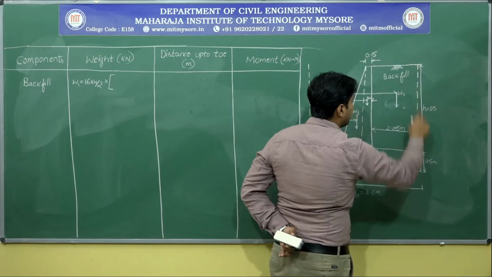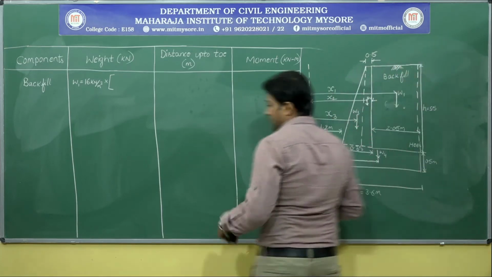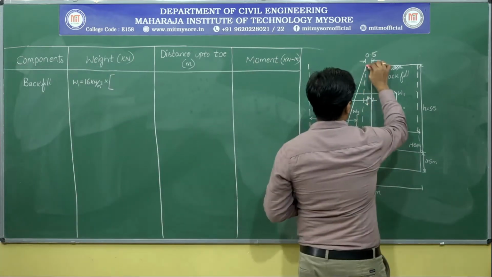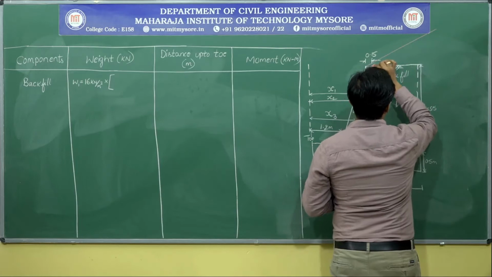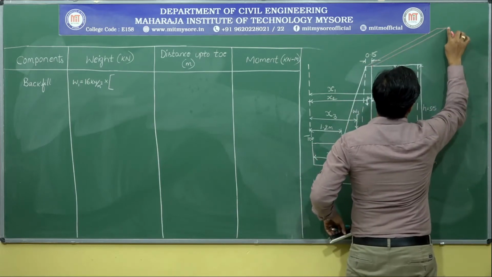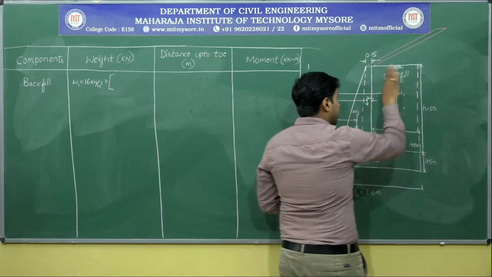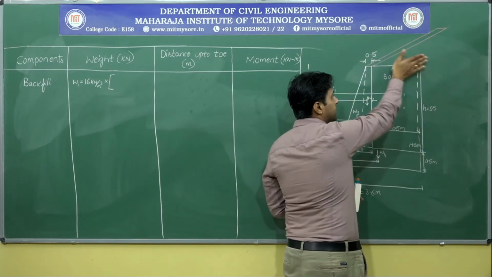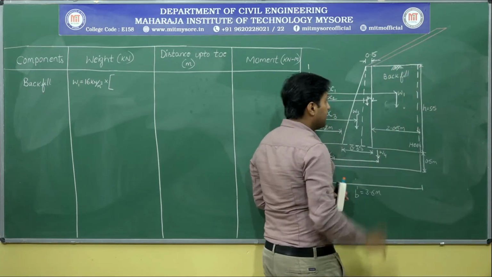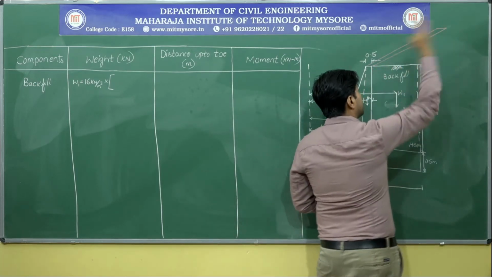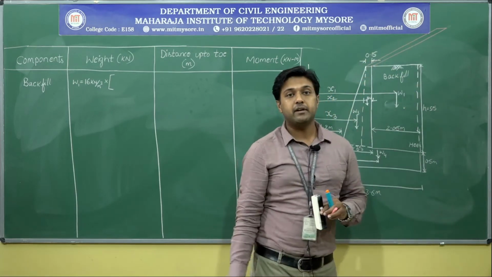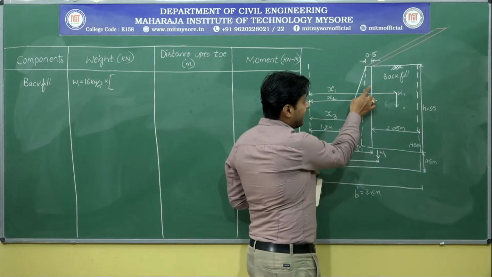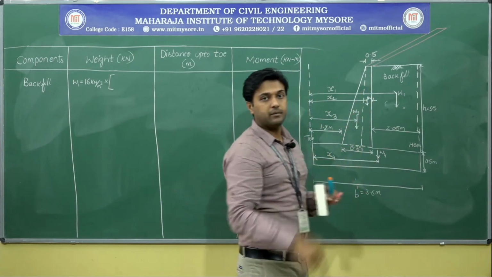So length into breadth into, in this direction, how much does it go? Observe here. The retaining wall goes like this, and we are resisting the soil in this direction. I don't know till what distance I need to design the cantilever retaining wall, and as we are designing it like a slab, we'll consider it per meter.